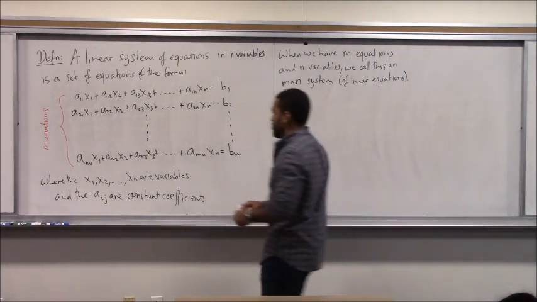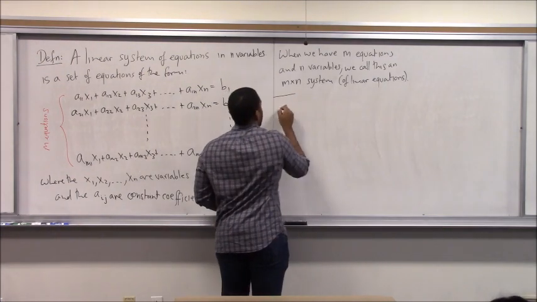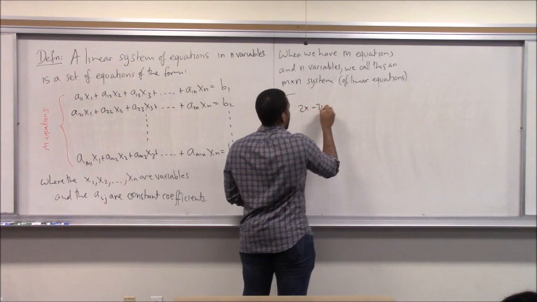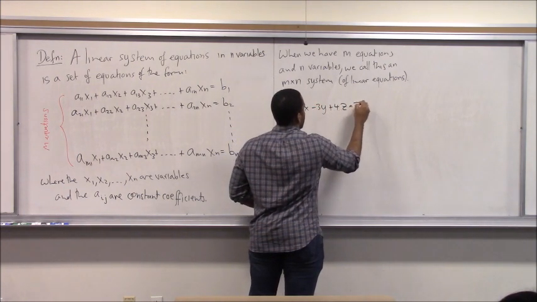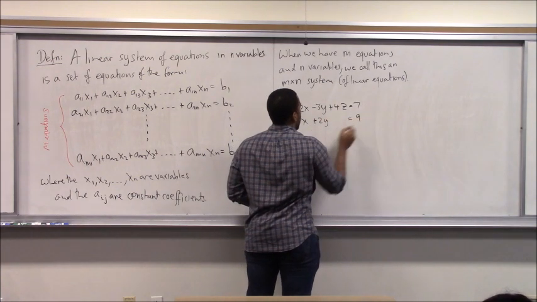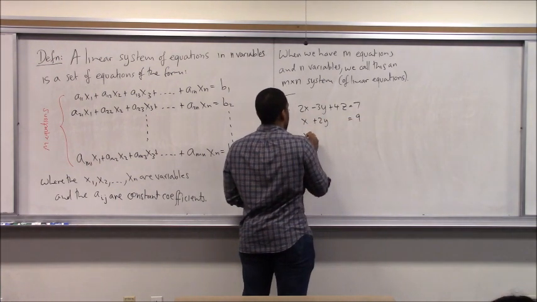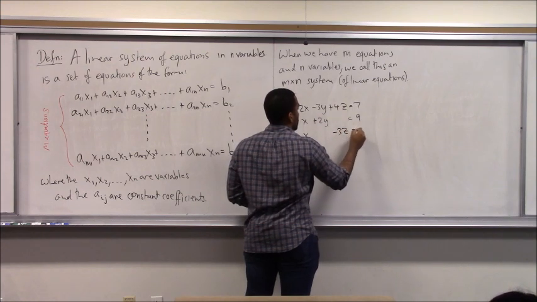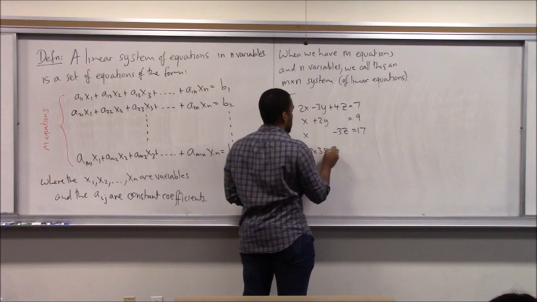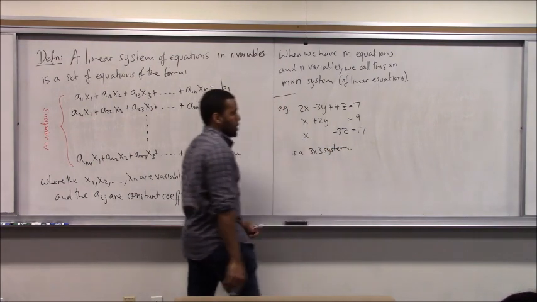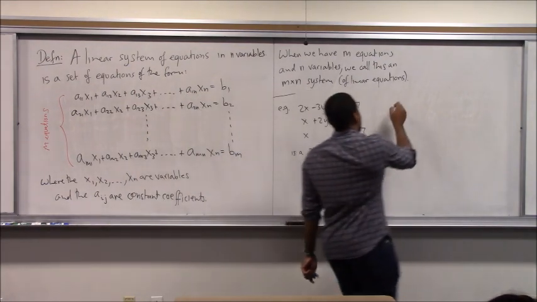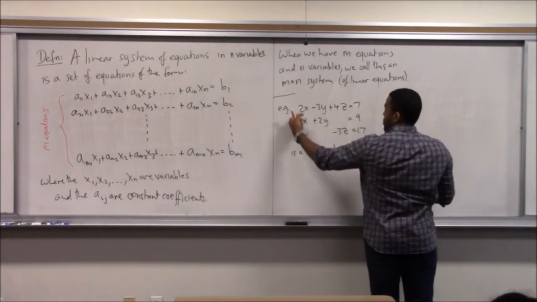So, some examples. Example. I can say 2x minus 3y plus 4z equals 7. x plus 2y equals 9. And x minus 3z equals 17 is a 3 by 3 system. Notice I have 3 variables. And I have 3 equations.